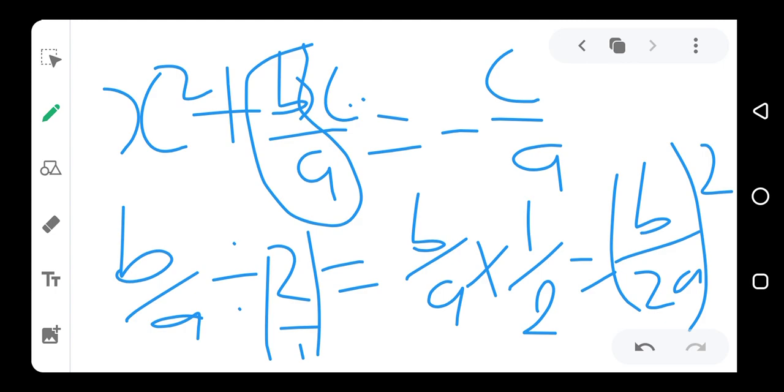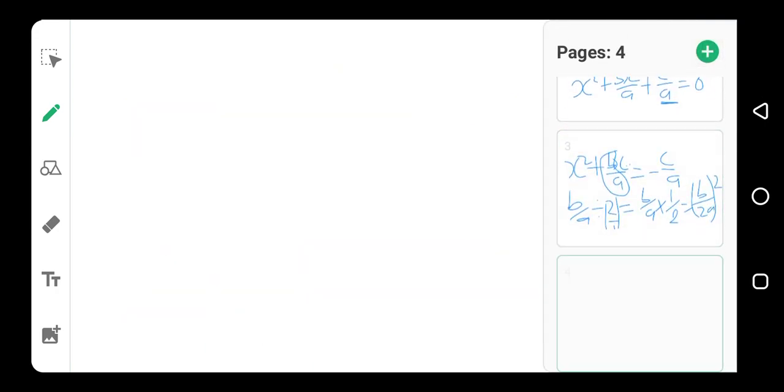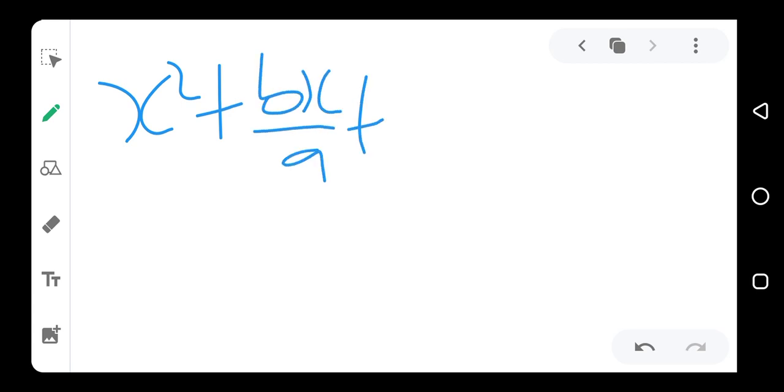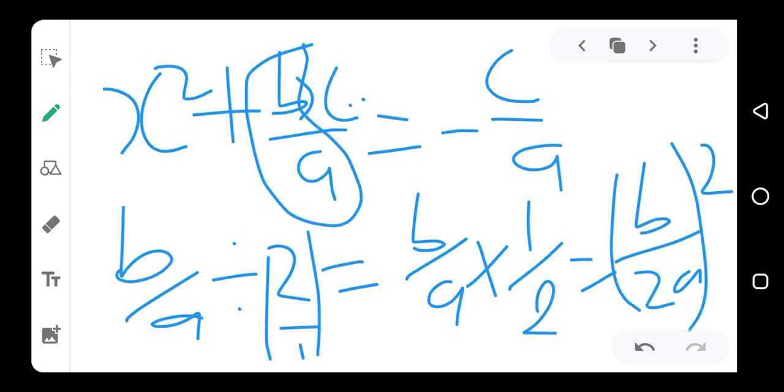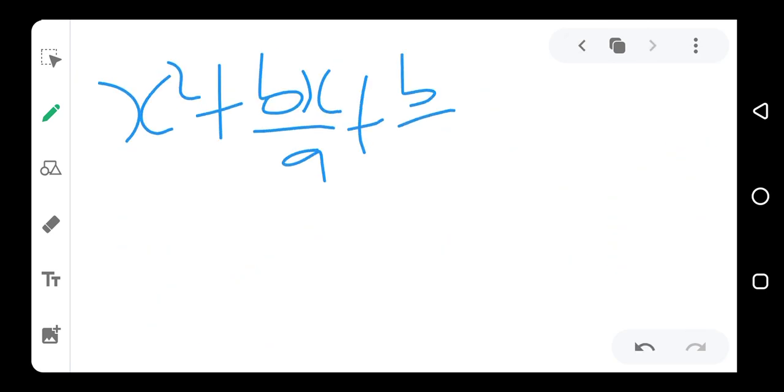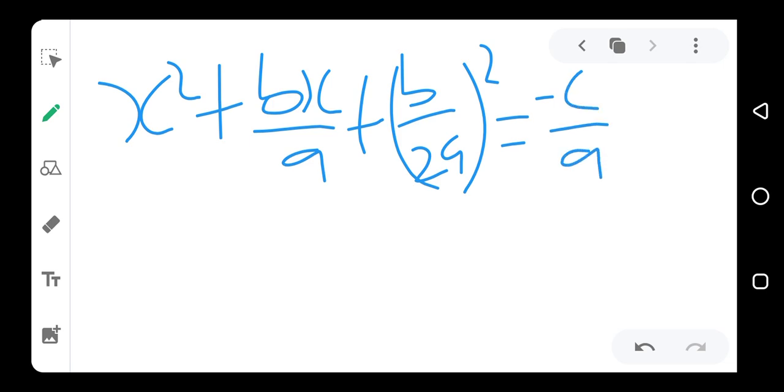In the next step, we add this square to the left hand side and to the right hand side. So we are going to have x squared plus bx over a plus b over 2a squared is equal to minus c over a plus b over 2a squared.